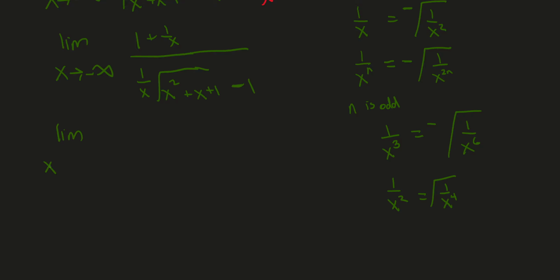If we do our limit now, so x goes to negative infinity of 1 plus 1 over x over negative square root of 1 over x squared times all of our other stuff, we'll be good to go. I'm going to multiply all of this together now, leaving that negative out front, just hanging out.